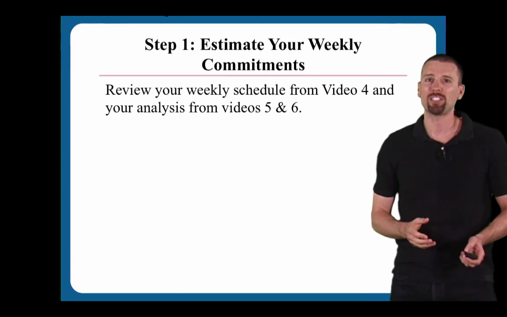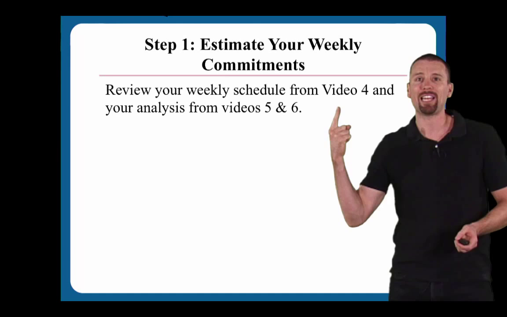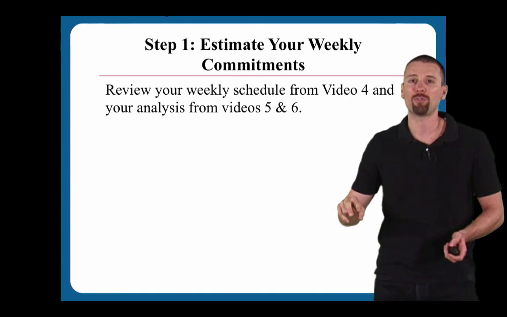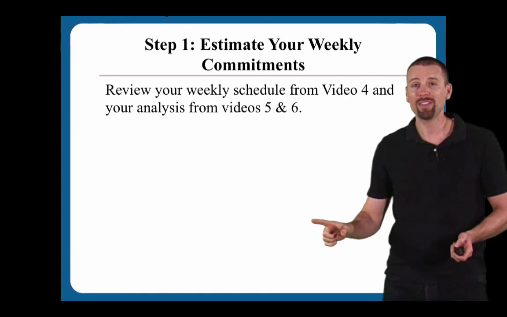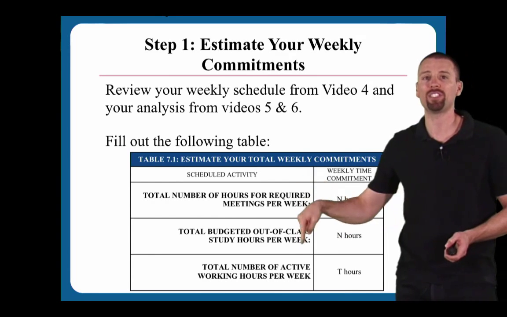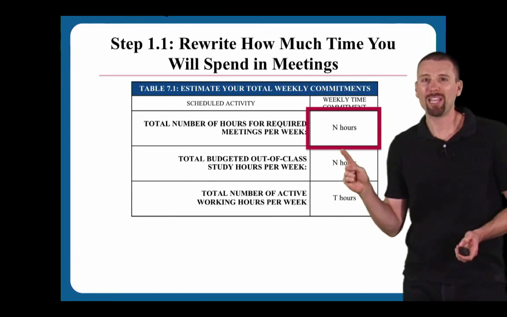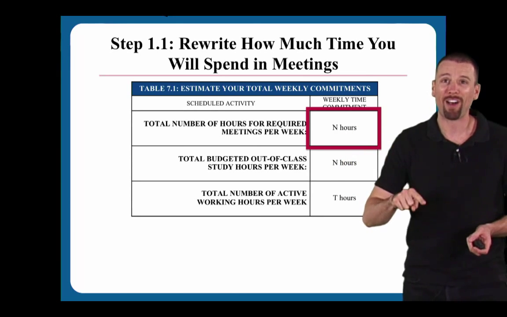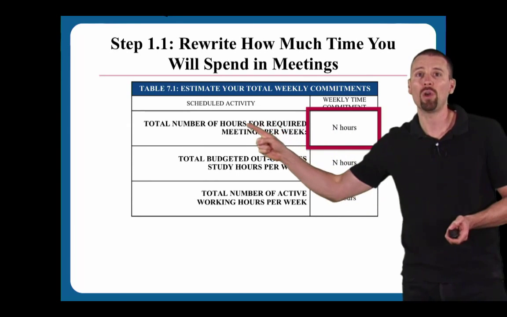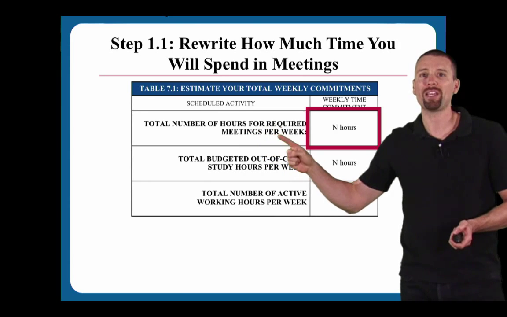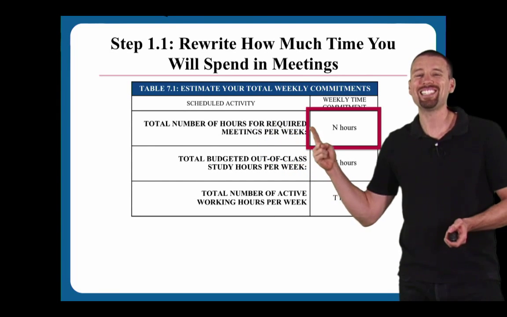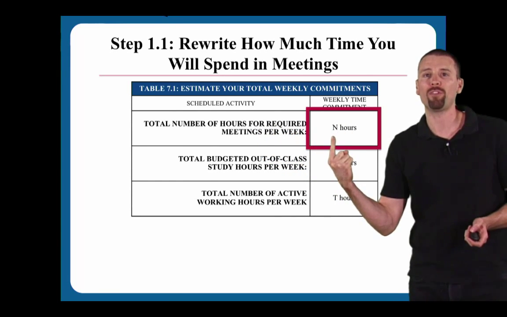To begin this process, we're going to look back at the schedule we set in video 4 and our analysis from 5 and 6. Using that information, we're going to fill out this table. This is available in the worksheet below. We're going to transfer the information from videos 5 and 6 into this table. So the total number of hours for required weekly meeting times, this is the total that you came up with in video 5.